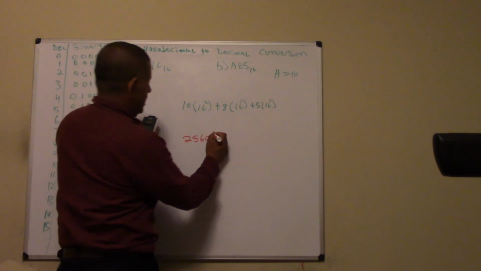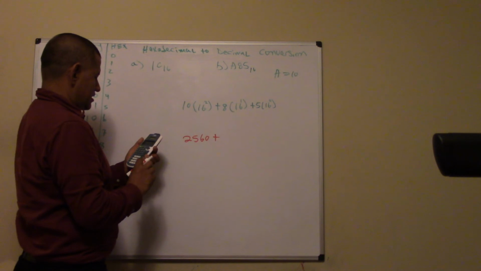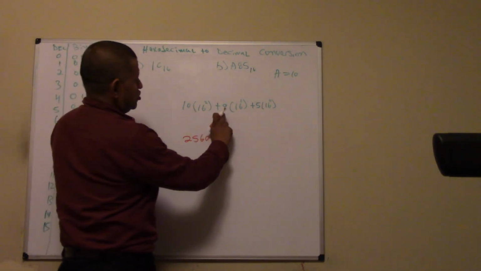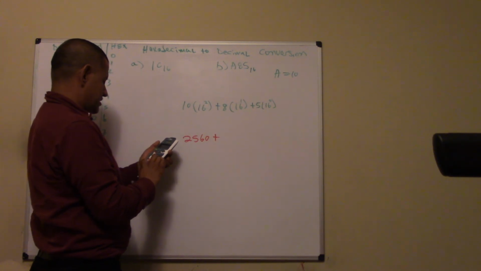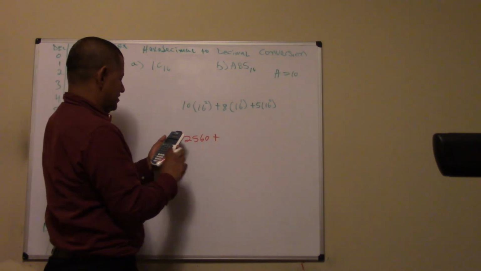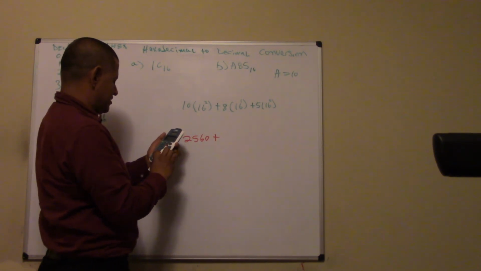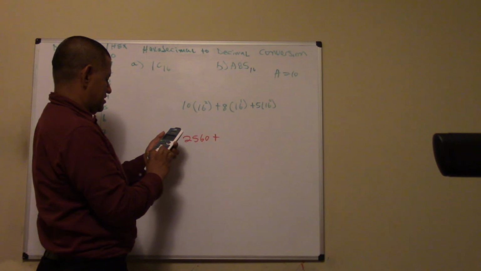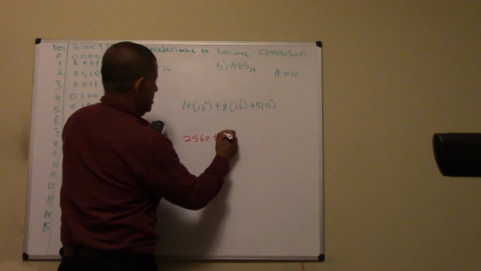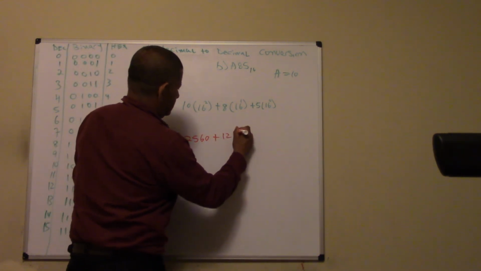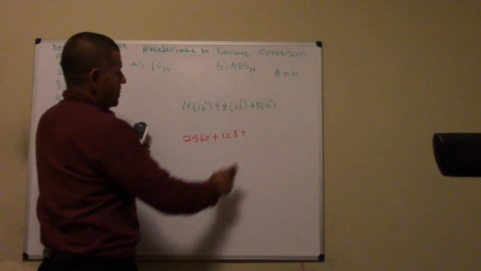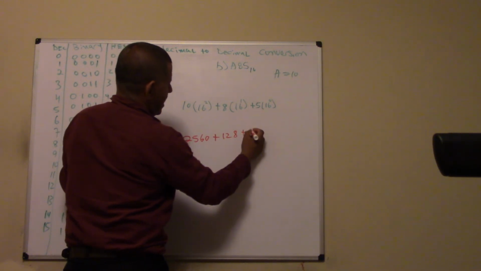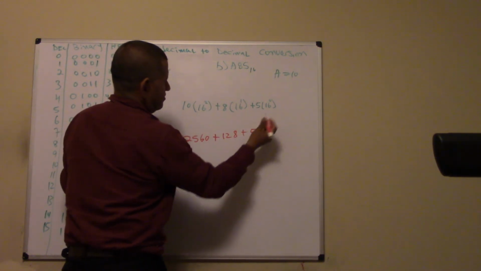Okay, now let's do, okay, so this one is just 16 times 8. Let me just do it separately. So 8 times 16 is 128, right? Plus 5, right? Because, why is it 5?